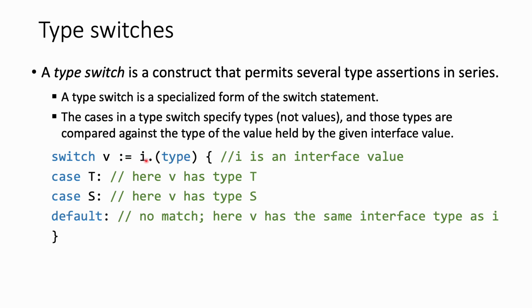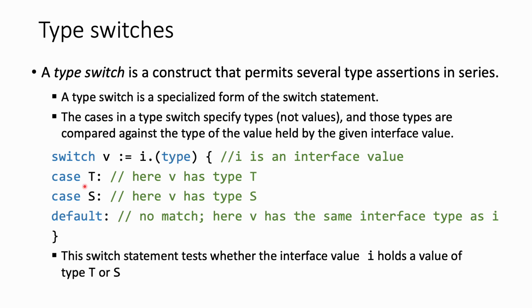The declaration in a type switch has the same syntax as a type assertion i.(T), but the specific type T is replaced with the keyword type.